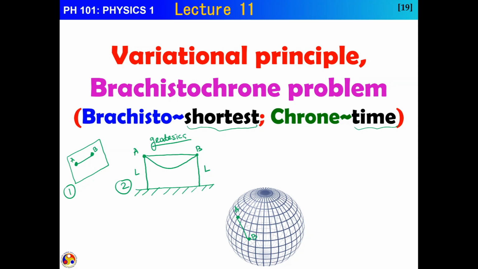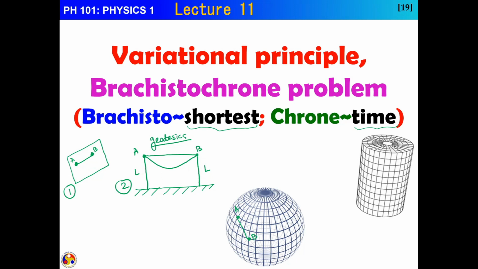And if I go for another system, for example a cylinder, let me take a point A here and a point B here. Can I just connect them by a straight line between them? Or I take another surface, which is a cone. Now what happens to my two different points, A here and B here? Would it be simply a straight line?